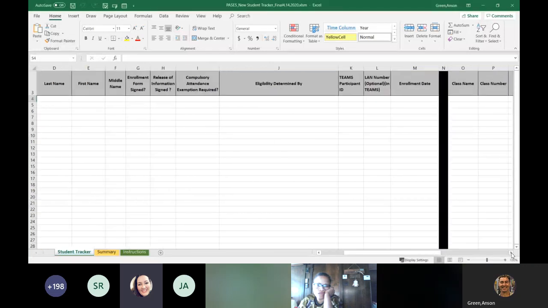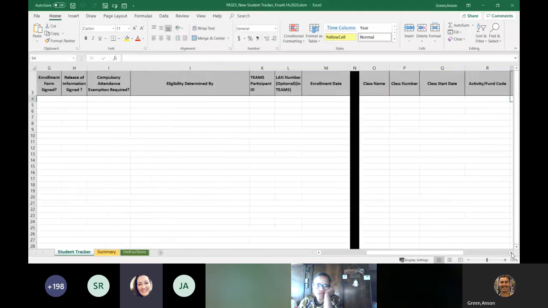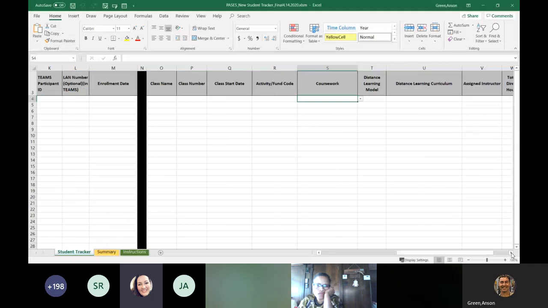So I've included all the information and columns across the top here that you will need if in the future you want to go back and create a class in Teams. Since we're a little unsure of what the future holds in some aspects, I just wanted to make sure that we're collecting everything so that we have the capability.